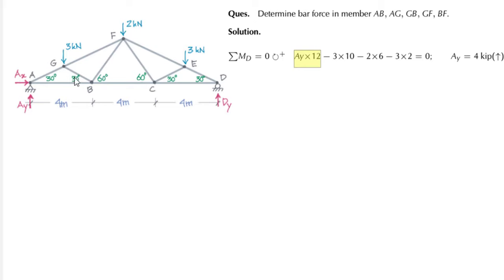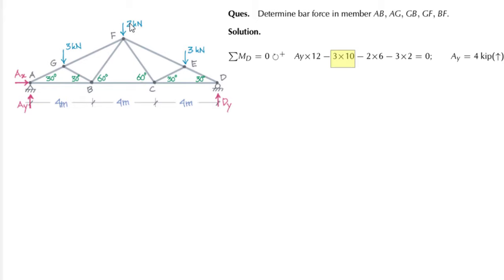As this is 30 degrees and the 3 is in the perpendicular direction, it will definitely intersect at the middle point. So as AB equals 4 meters, it will be 2 meters. So the distance is 4 meters plus 4 meters, 8 meters, plus 2 meters, so a total of 10 meters. So 3 into 10, and that is minus. Why? Because the downward direction will produce an anti-clockwise moment.